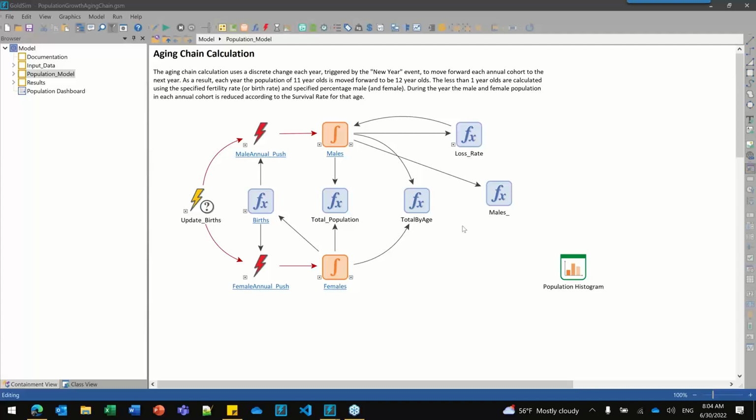And this type of model is quite useful for modeling the growth of a population, whether it's just in general a population of people for example, in a geographic region, but also perhaps within an organization.